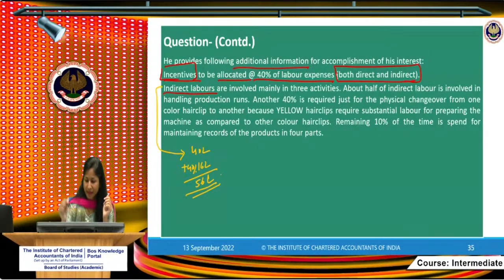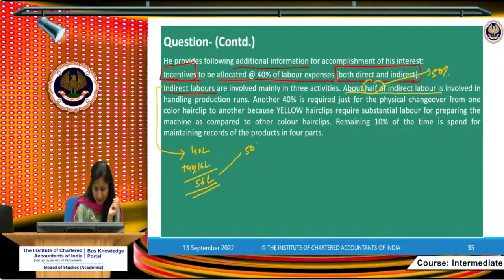Now, about half of indirect labor, half means obviously 50%, so 50% of this is 28 lakh. We are writing down the information given here: about half of indirect labor is involved in handling production runs. What are production runs?